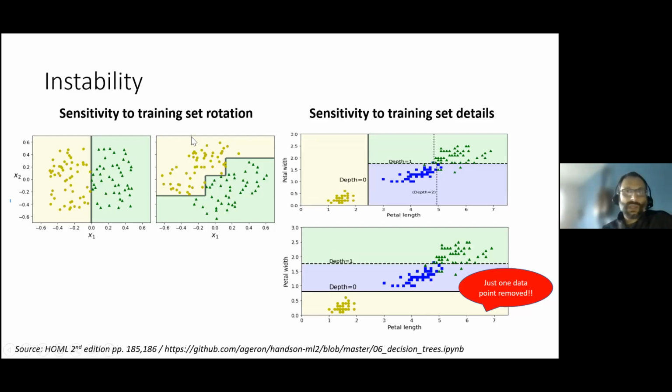It's not important. So on the left here, you've got, I think they said, a 45-degree rotation of the data, which creates a very different partition. Same data set, just rotating it slightly.